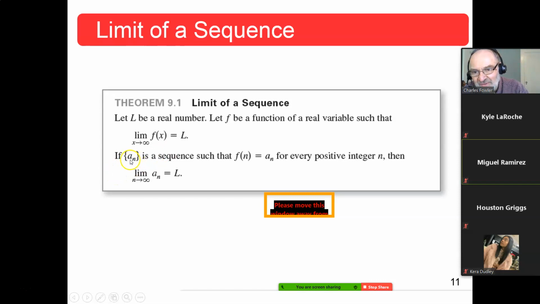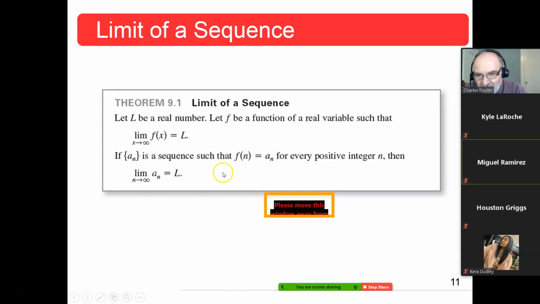If, then you also have a sub n, which is a sequence such that f of n, that same function. Here x was a continuous variable. You could put in any value you wanted to, 7.438251, any value x. But here you're only putting in those integral values, 1, 2, 3, 4, 5.